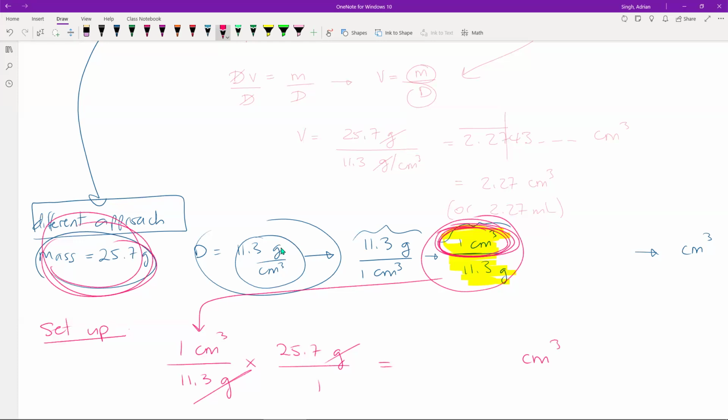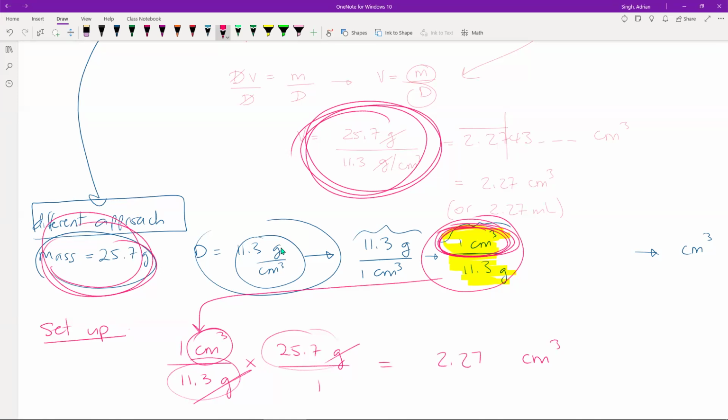It ends up being dividing the 25.7 by the 11.3, which is exactly what we did up here. Right? So this is just another way to get to the same endpoint, and you'll see this a lot when you do calculations. There's not just one way to solve it, right? You can do it multiple different ways. So you end up with cubic centimeter as the only unit remaining. 25.7 divided by 11.3 gives us the same value, 127 cubic centimeters.